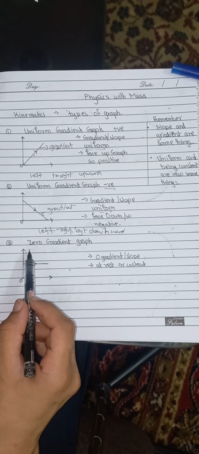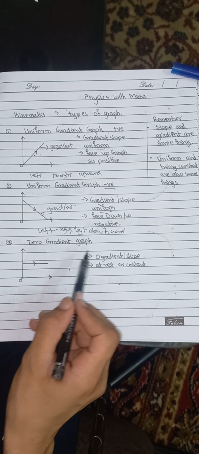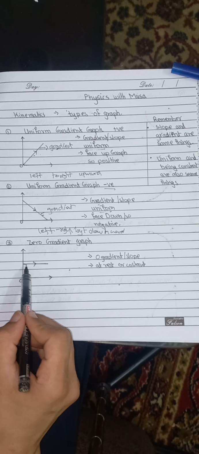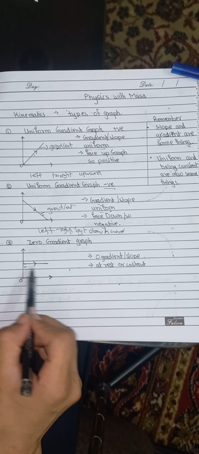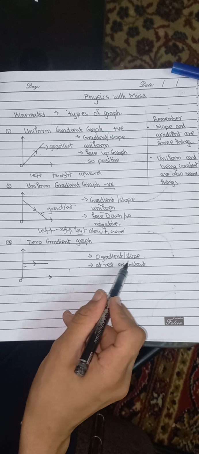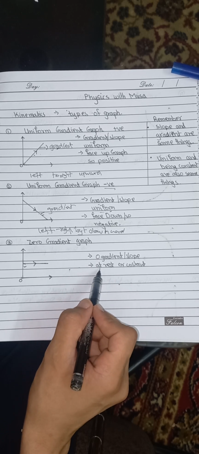Now we will study the third graph, which is the zero gradient graph. In this graph the gradient is zero as the object is at rest. Zero gradient means that the object is at rest.